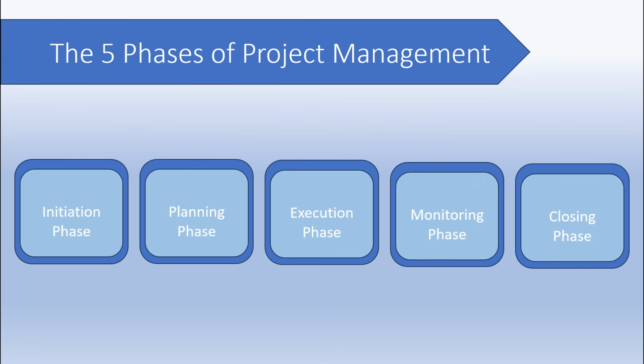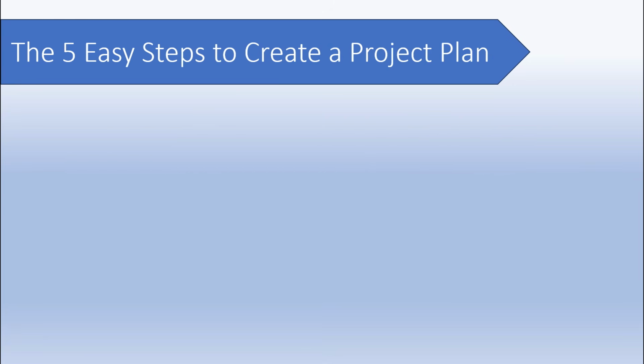Understanding this phase is important because where most of the project tool will take place is known as the planning phase. What we're going to talk about next is the 5 easy steps to actually create a project plan using this tool. But understand that when we're using this tool, it's mostly used in the planning phase and it helps us to create a plan, but it doesn't help with the scope of the project.